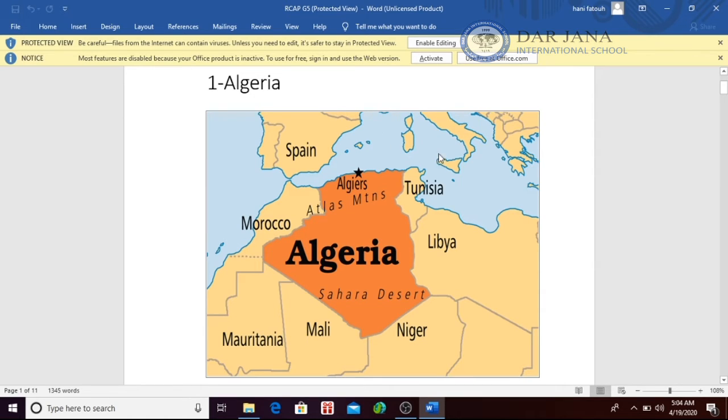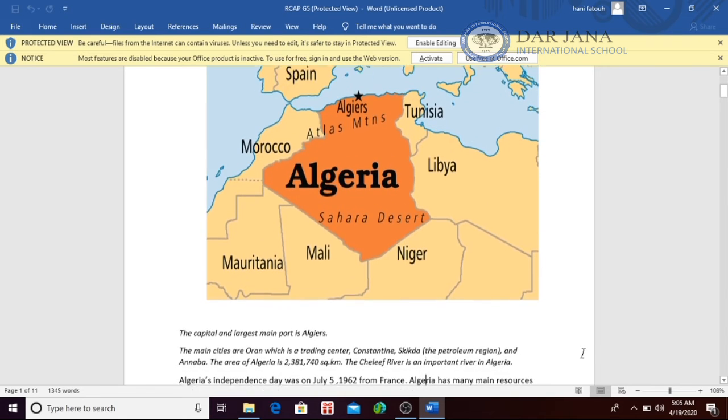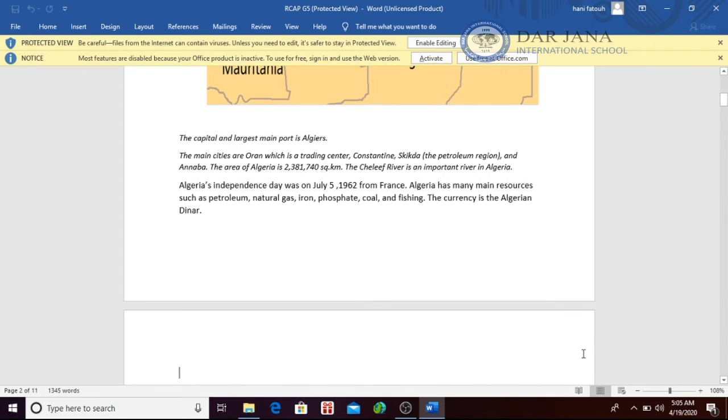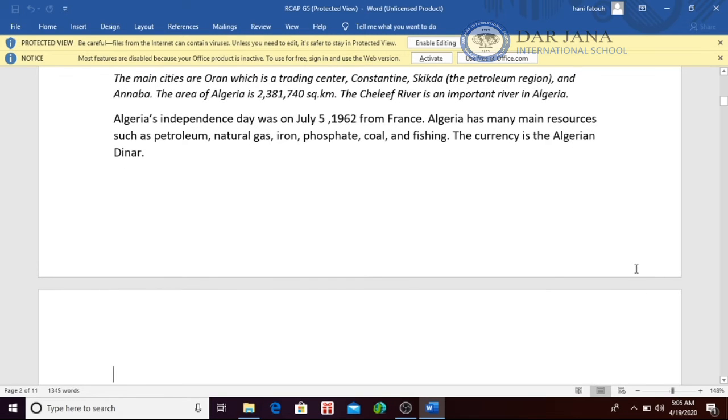All of this is the Mediterranean Sea that is separating the African continent from the European continent. And here we can also see a body of water, which is the Atlantic Ocean. And of course, we have to take further details about Algeria to be sure that we know enough information about that country.